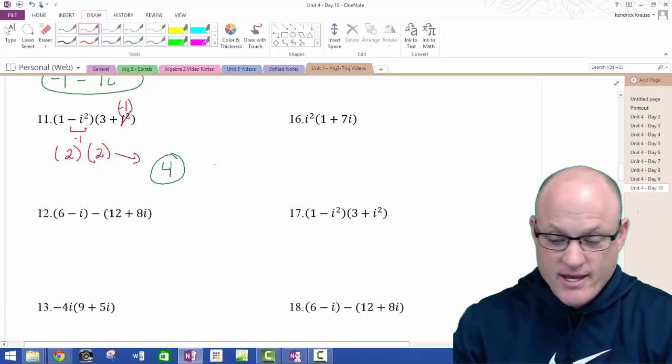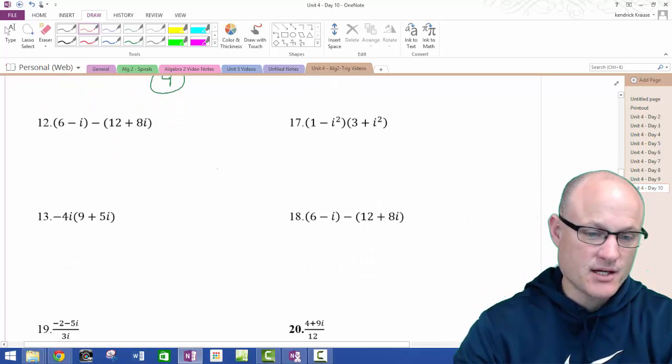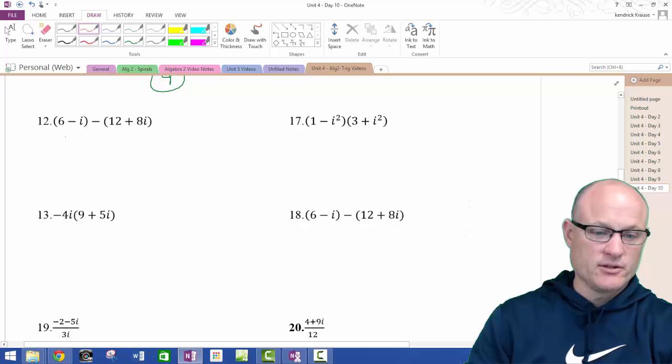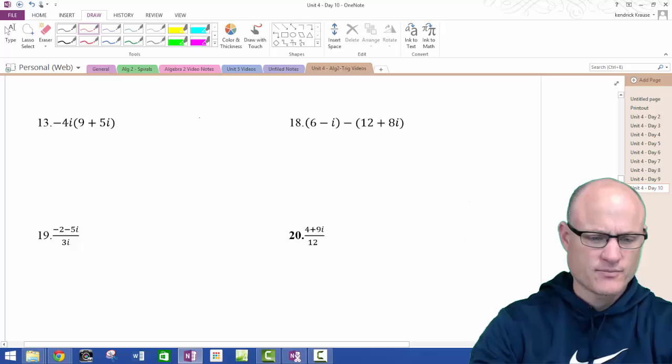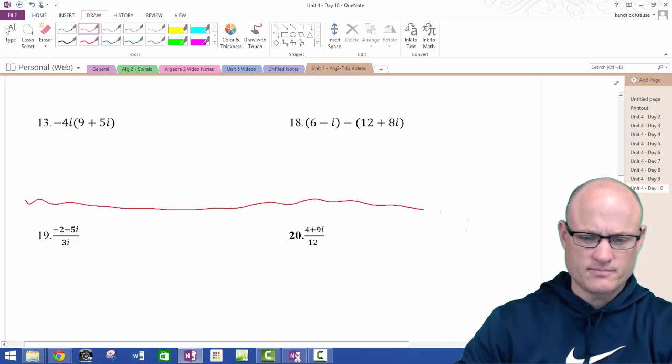Kind of simple. All right, I don't know why I'm backing up. I'm going crazy here. 6, and then this is minus 12, so that's negative 6. And then negative i, and this is minus 8, is minus 9. I'm not really sure why that's in there. And I know I don't want to do these just yet.